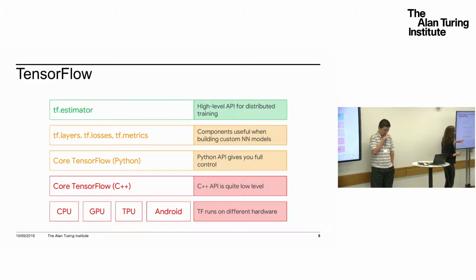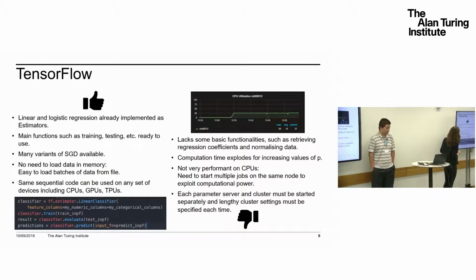But there are also these estimators, which already include everything you need for most machine learning methods. So we're going to focus on these, because linear and logistic regression are already implemented as estimators, and they look quite simple to use.